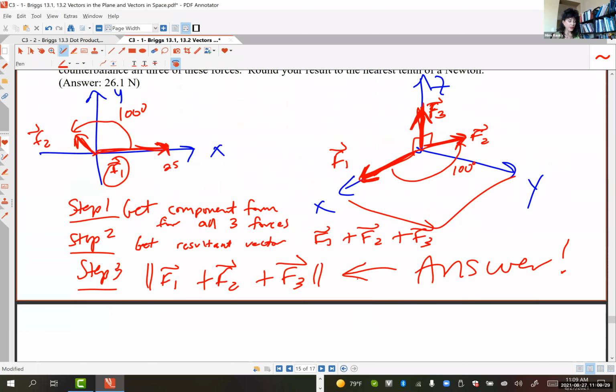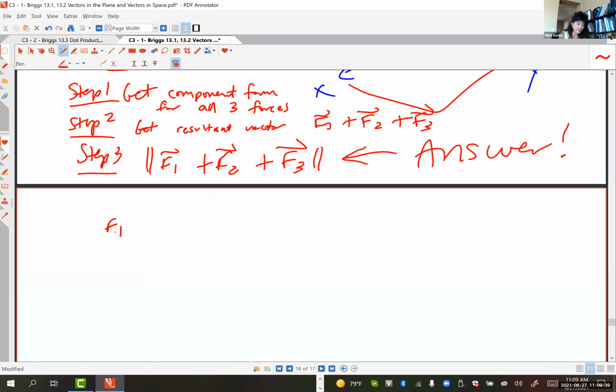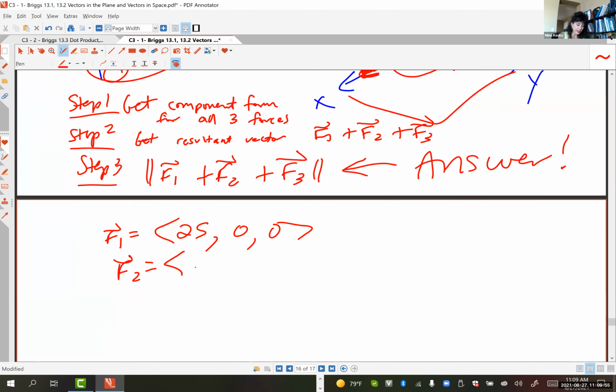Okay, so how do you get the component form for all three vectors? We are in 3D, so we are going to need three components. Now F1, since he's sitting on top of the x-axis, is going to have 25, 0, 0 as his components. That should be clear. Now F2, because he's kind of swinging out 100 degrees, we can use that idea of magnitude times cos of the angle he's making with the positive x-axis, comma, 12 times sine of that angle.